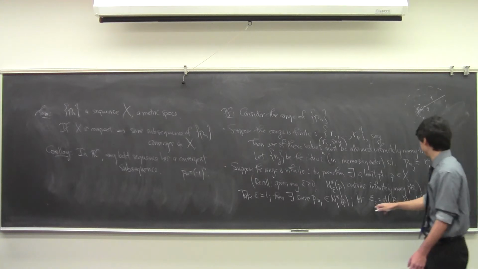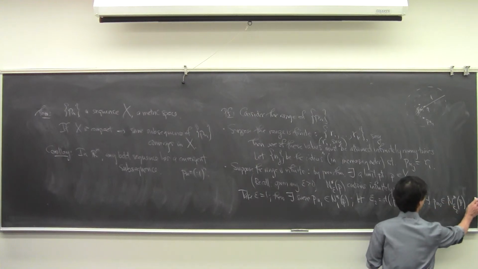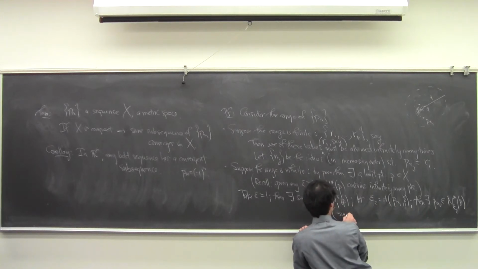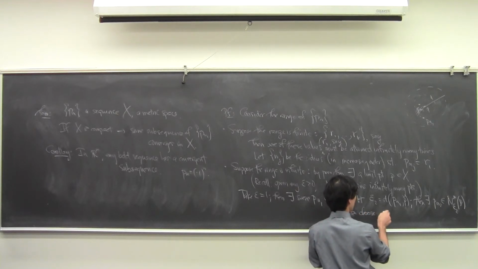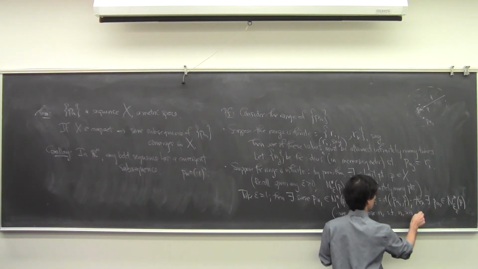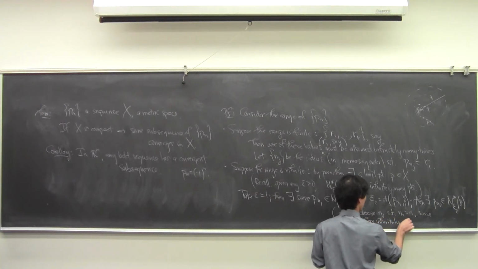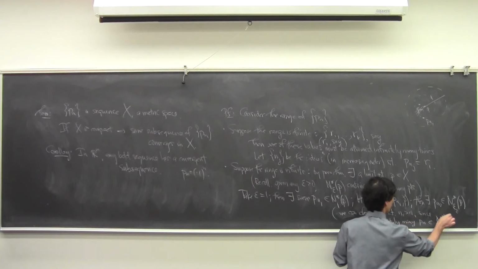But just note that you say since we can choose n2 so that n2 is bigger than n1, since there are infinitely many Pn in that E2 neighborhood.